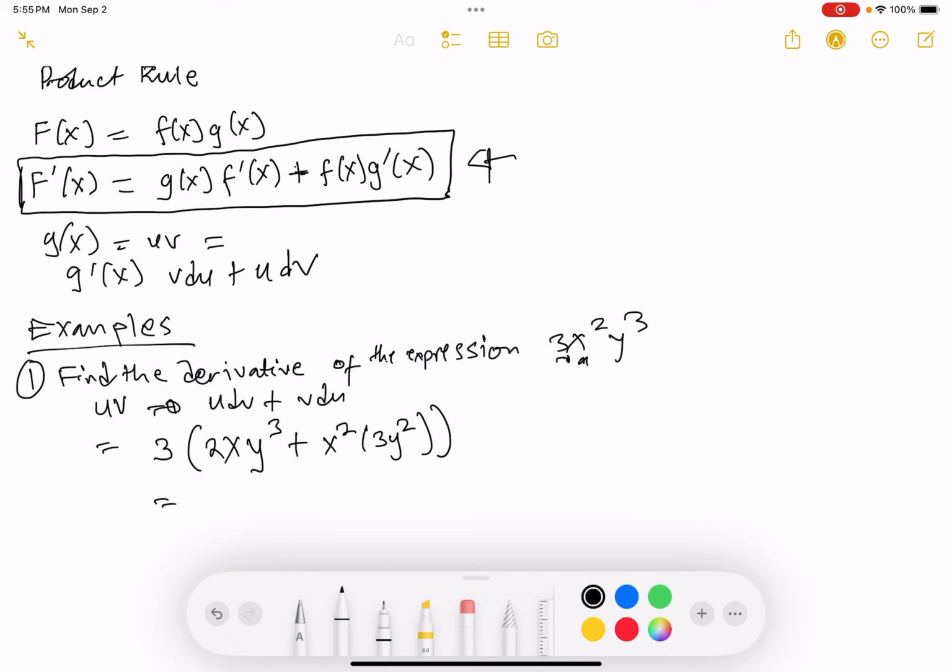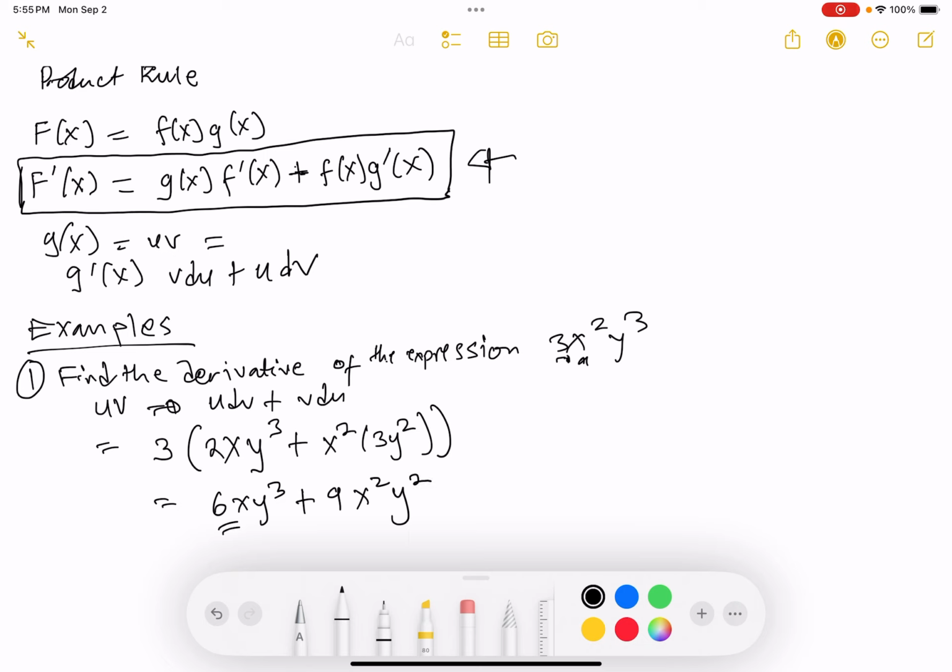And when you multiply this out, you would see that you have 6xy cubed plus 9x squared y squared.